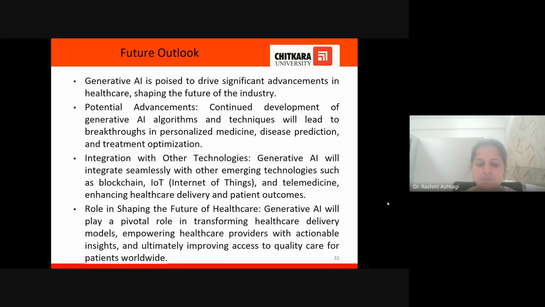There should be privacy for that. We can use blockchain, and by using all these different techniques with Gen AI, we will get very good results. It will be empowered healthcare.